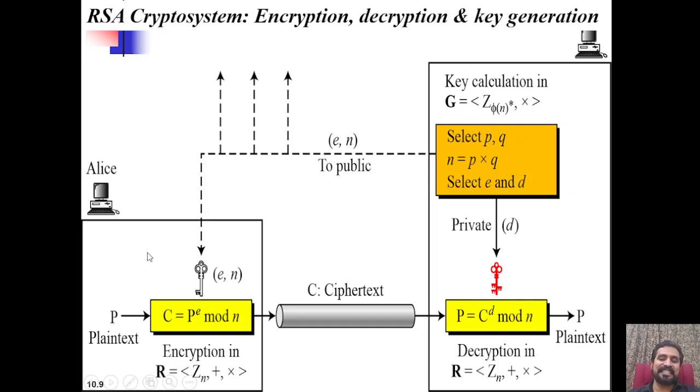We say that Alice is the sender, whereas on the other end is Bob, the receiver. This is the communication channel, as we discussed earlier. In this communication channel, the ciphertext is moved from sender to receiver.